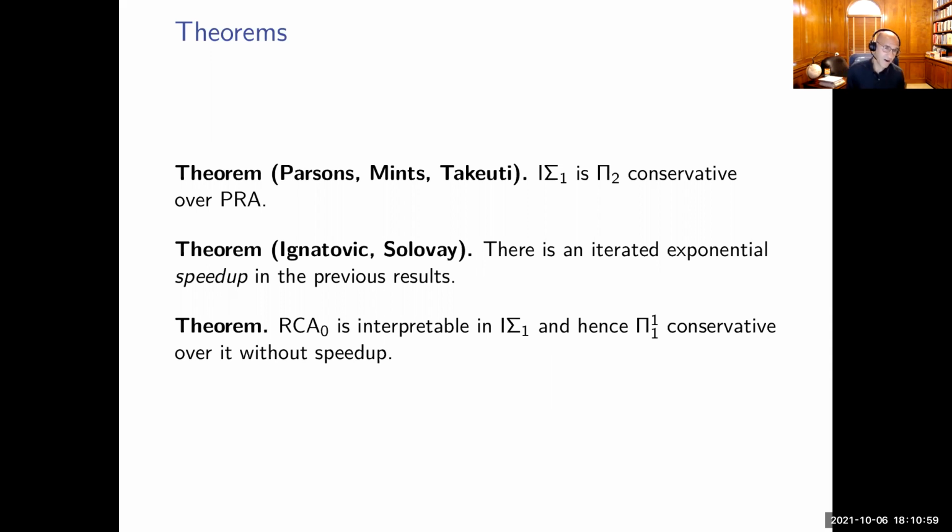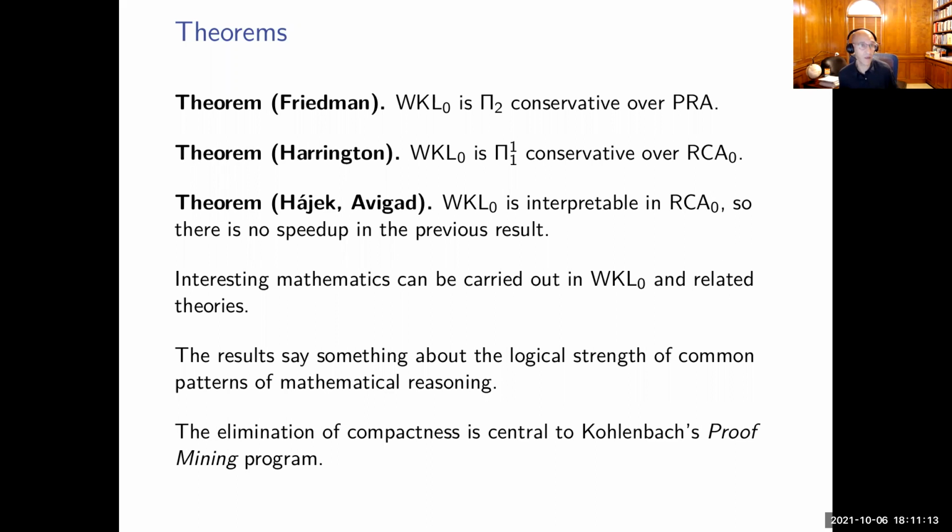On the other hand, RCA naught is interpretable in I sigma 1, and hence pi 1 conservative over it. And in this case, it's an interpretation, so there is no dramatic increase in the length of proof. I will also tell you about Kőnig's lemma and a celebrated theorem due to Friedman from, I think, around 1980. Maybe somebody can chime in if they know the date, but it goes back a while: WKL naught is pi 2 conservative over primitive recursive arithmetic.